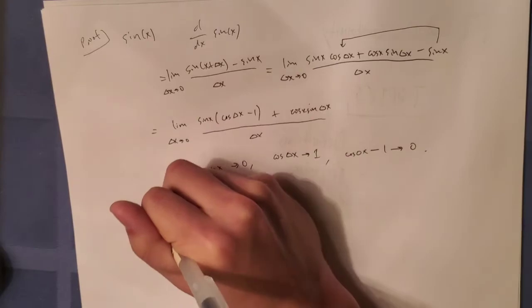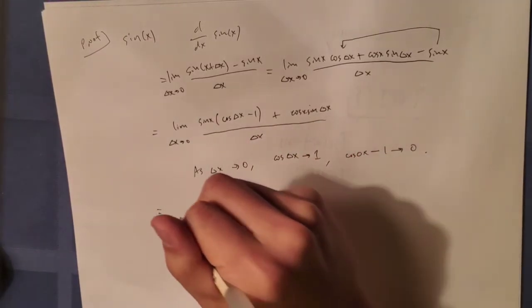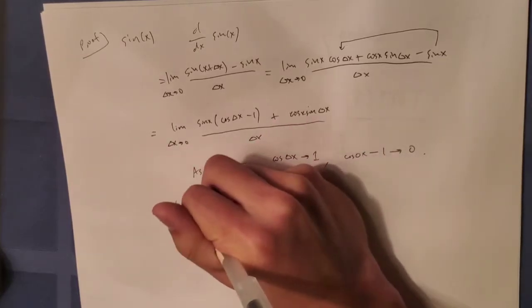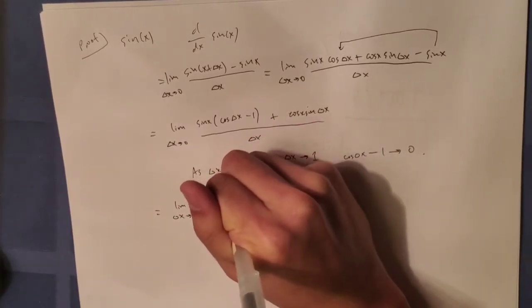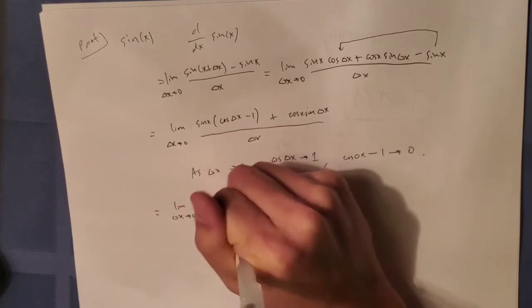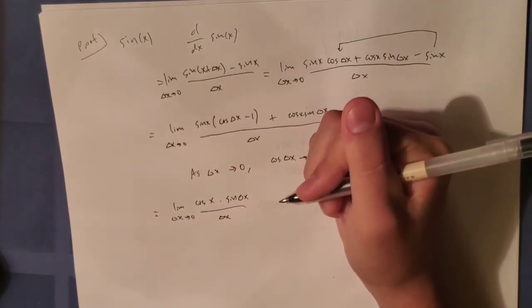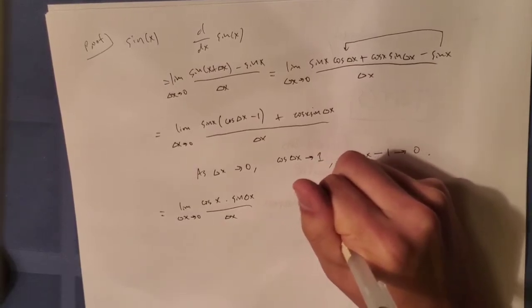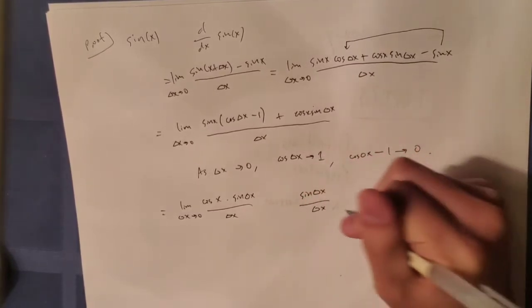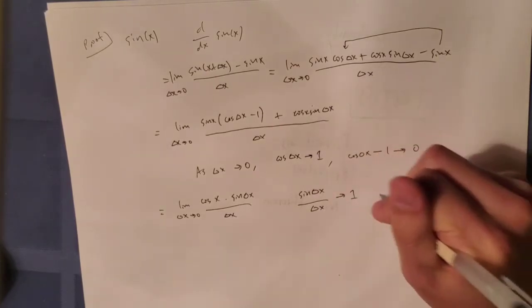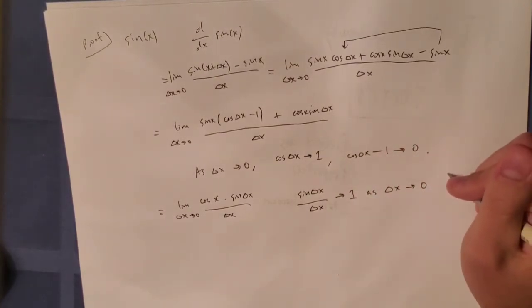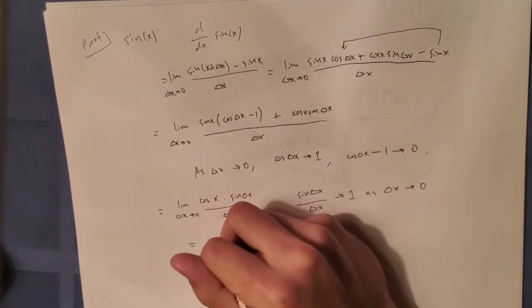So this limit therefore becomes the limit as delta x approaches 0 of cosine x times sine of delta x over delta x. And as you might have known, sine of delta x over delta x approaches 1 as delta x approaches 0. So this just equals cosine of x.